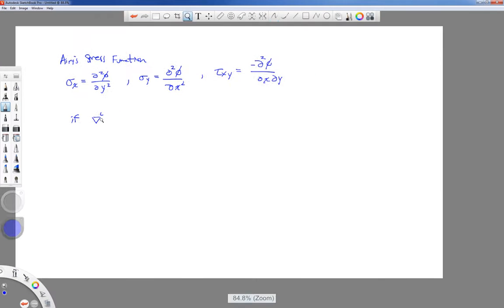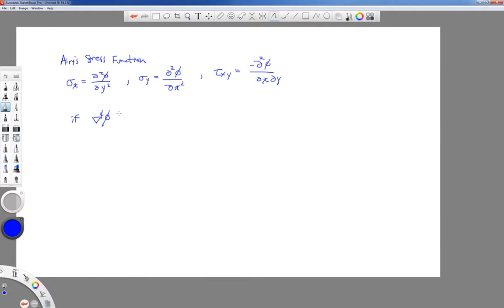Now, if the biharmonic equation is satisfied, del fourth phi is equal to 0, then it turns out that equilibrium equations, compatibility, and isotropic stress-strain relations are satisfied.